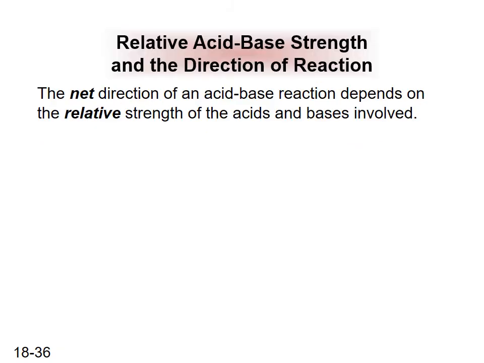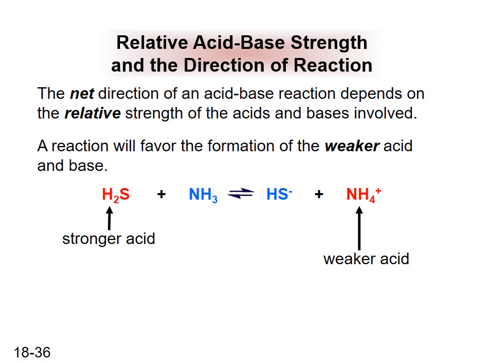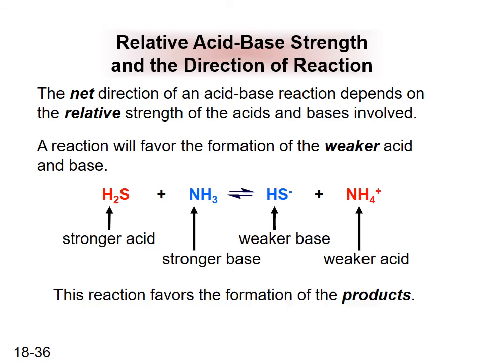Many acid-base reactions are reversible. The net direction of an acid-base reaction depends on the relative strength of the acids and bases involved. As we have seen, in an acid-base reaction there are two pairs of conjugate acid and conjugate base.